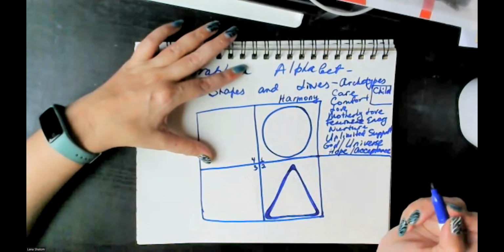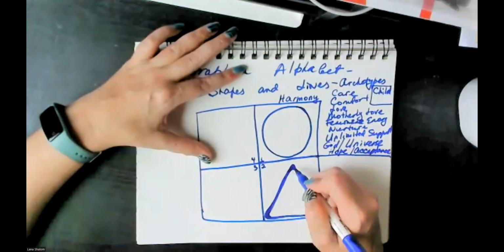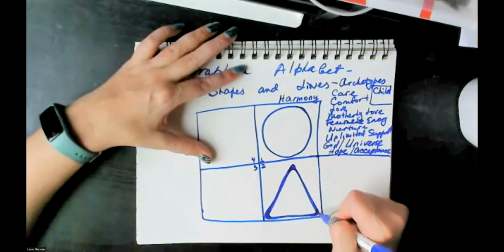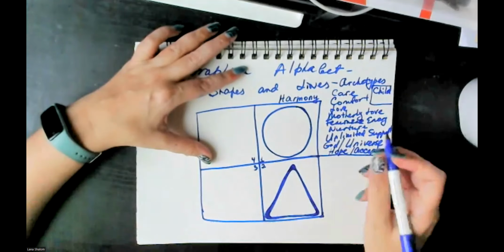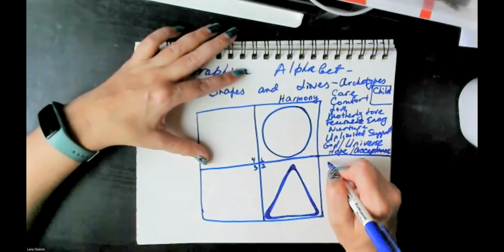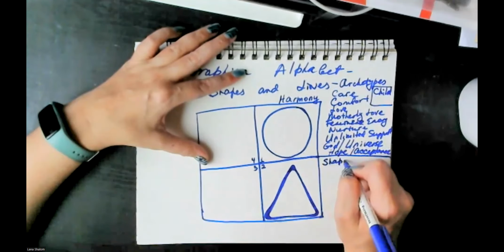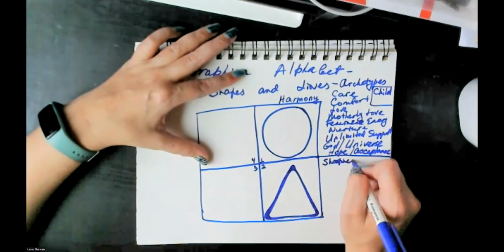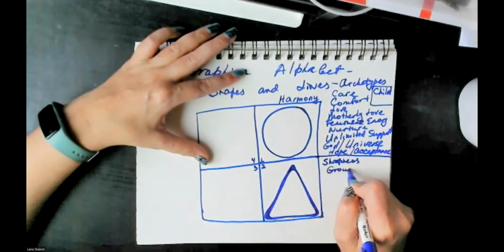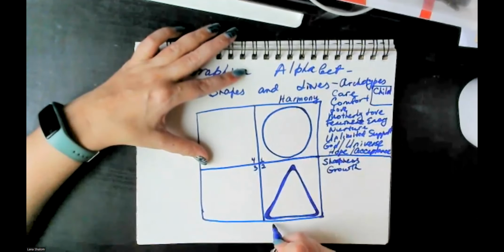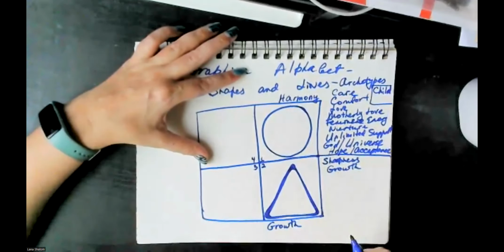Now, the triangle represents, notice what I did, I rounded all the corners of the triangle. Because the triangle represents exactly that: the corners, the edginess, the sharpness. The triangle represents growth. That's the main idea about the triangle that we use in Neurographica: growth. When you're looking for growth, that's when people draw triangles.